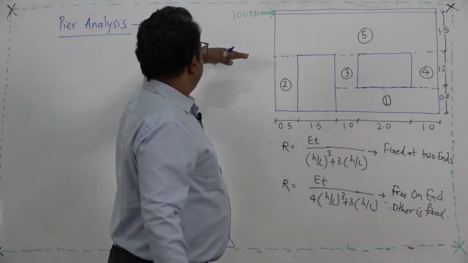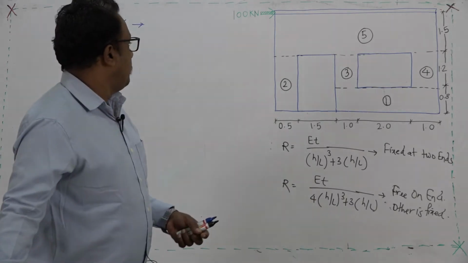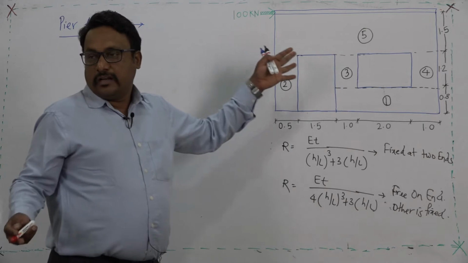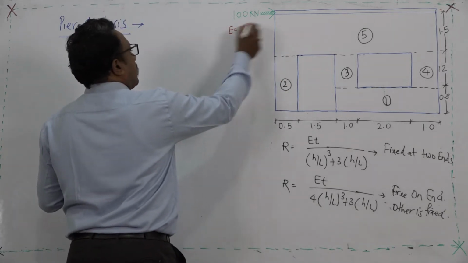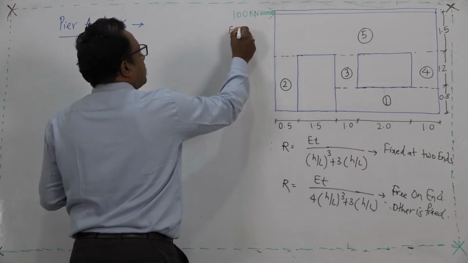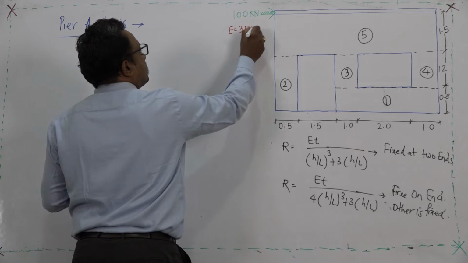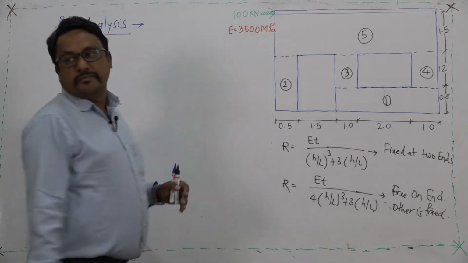For understanding, I will make the problem a little more live. That means we will consider a value of E. I will assume this is a masonry building; later on we will see different materials and different thicknesses. So E will be 3500 megapascal for a masonry structure.